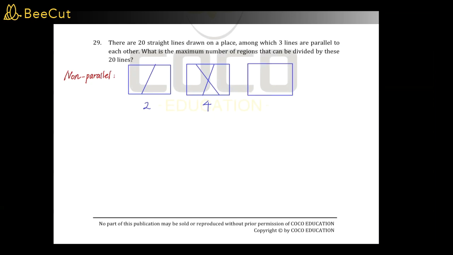Now, for the same plane, let's say we get another line. So we will try to get the most number of intersection points. It will intersect with the other 2 lines given. So now we have 1, 2, 3, 4, 5, 6, 7. 7 regions.